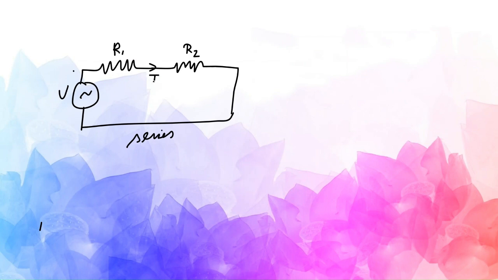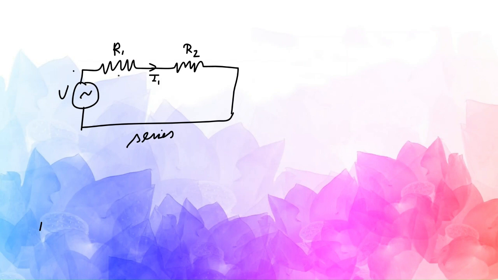Current is flowing only, I mean, there is only one current I1 throughout the circuit. There is no branching, there is no division. So that is where we can call a circuit a series circuit. Just remember this point. Sometimes it becomes very difficult to identify whether the circuit is series or parallel, but it is a very simple circuit to understand.